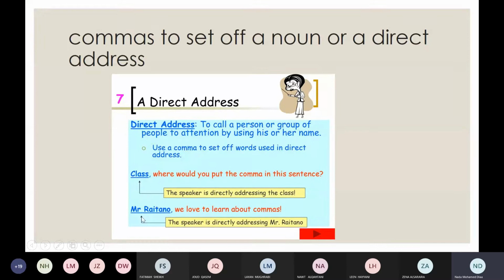After class. Mr. Whiteno, comma. We love to learn about commas. The speaker is talking to Mr. Whiteno. Lena, comma. We love to learn about commas. Jude, where would you put the comma? After Jude there is a comma.